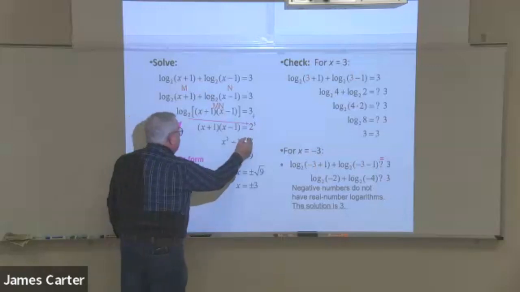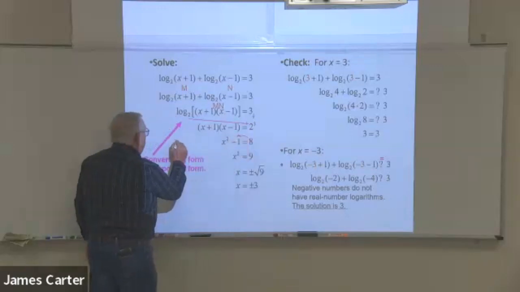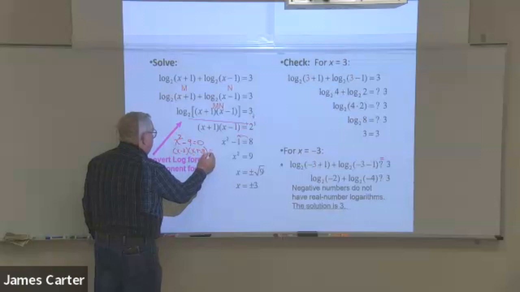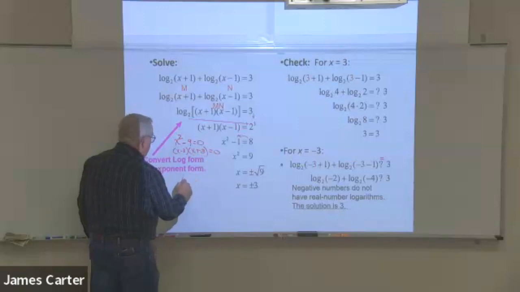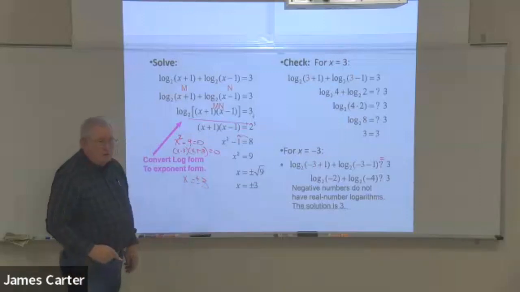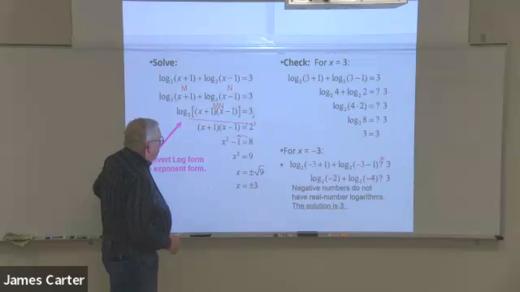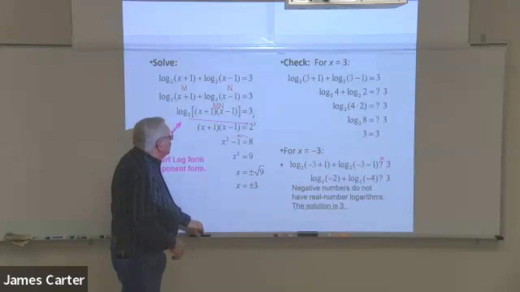Now, you also could have moved the 8 this way, and you would have gotten x squared minus 9 equals 0, which you factor. The x minus 3, x plus 3 equals 0, which would give you x equals plus or minus 3 that way also. If that's a plus, you darn sure can't do that though, because it'll give you an imaginary answer.